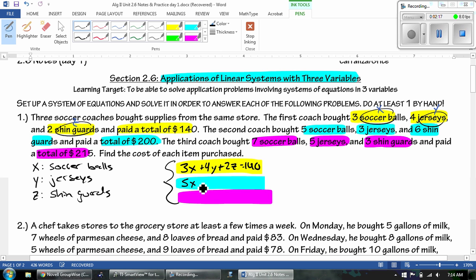Then we have 5x plus 3y plus 6z equals 200. And then the last one, 7x plus 5y plus 3z equals 215.